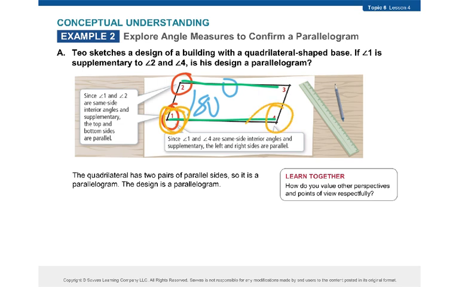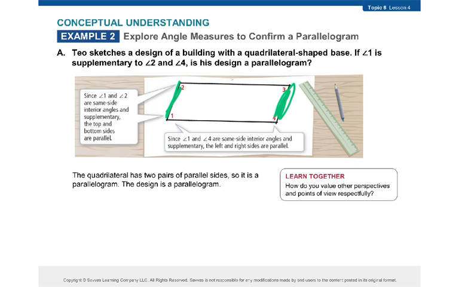They're both consecutive angles as well. They are supplementary and they are same side interior angles. So therefore, the left and right sides are parallel as well. So where is the left and right side of angle 1 and angle 4? The left and the right side are parallel.